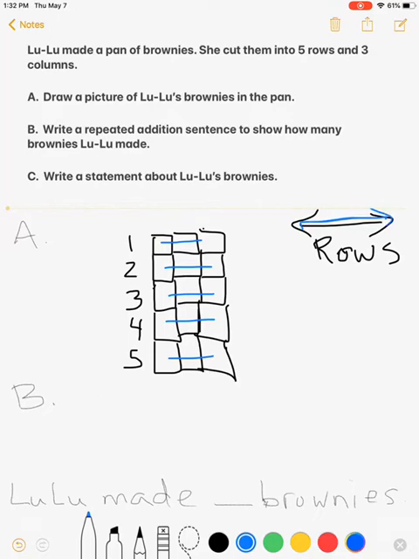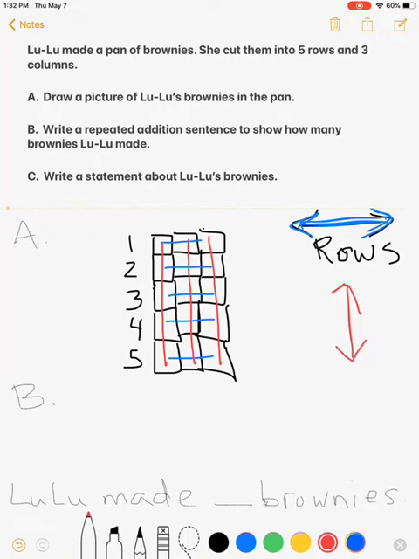I did that in blue, so we'll trace over that again in blue. Then do I have my 3 columns? Columns are going to go up and down. So let's see, I have 1, I have 2, I have 3. So yes, I have my 3 columns and my 5 rows. So let's go to part B now.